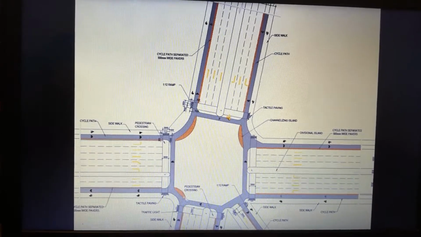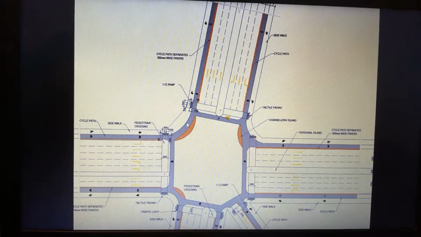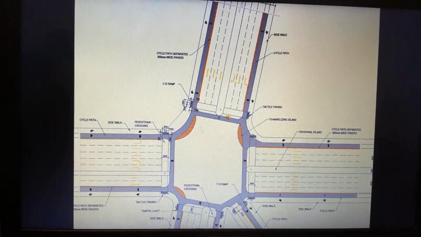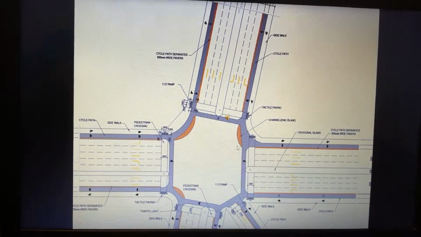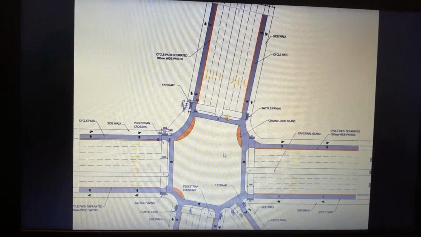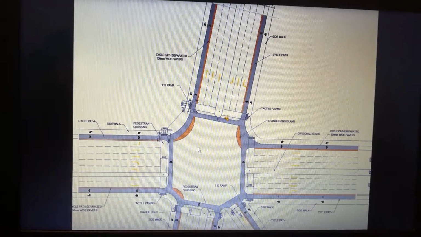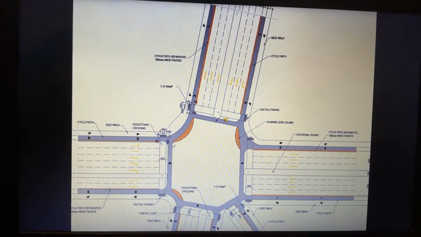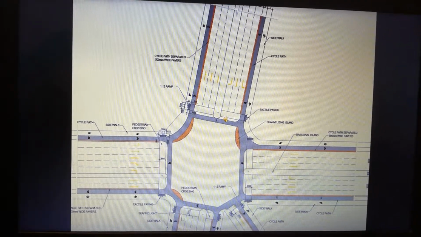They prevent turning motorists from actually driving on the cycle path while taking a turn, and they also make the actual radii of the intersection closer to 90 degrees, which forces motorists to turn at lower speeds at the intersection.